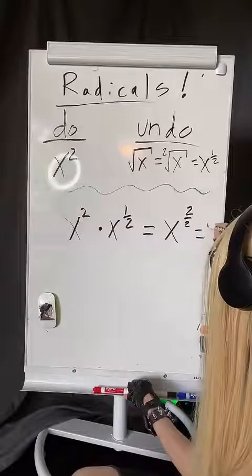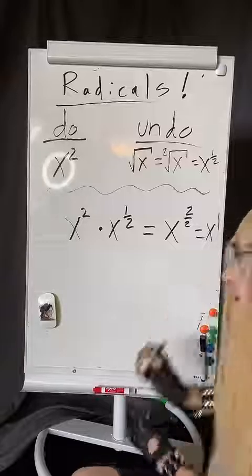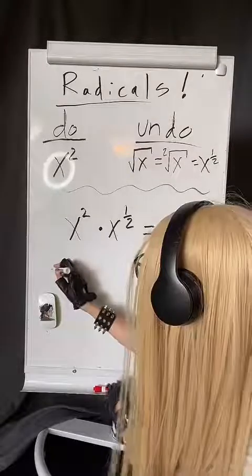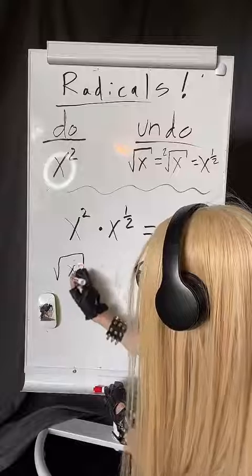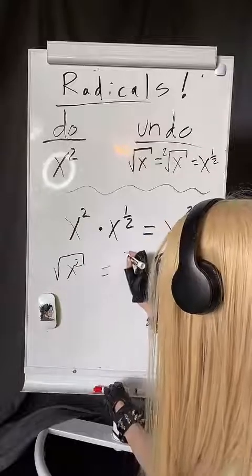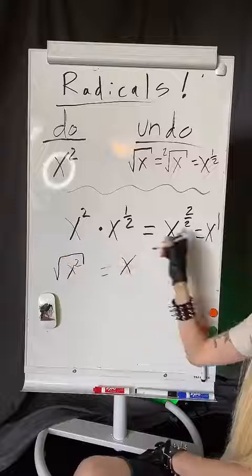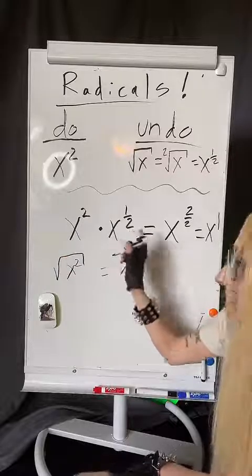So that ends up being x to the 1. I ended up undoing it, just like how if I took the square root of x squared, that would just leave me with x. This is why we can write it this way.